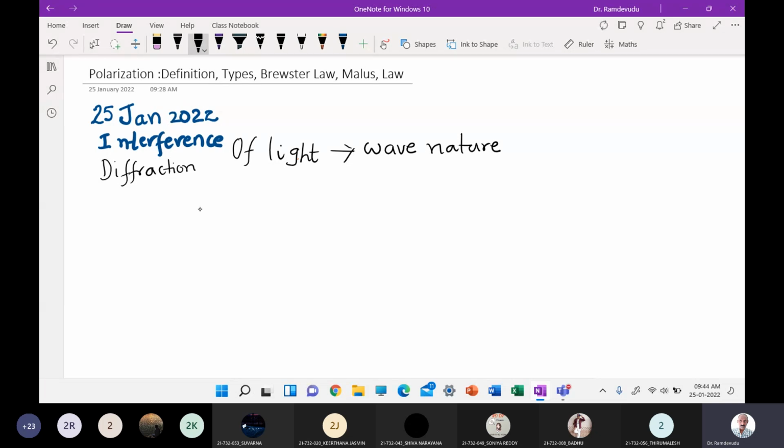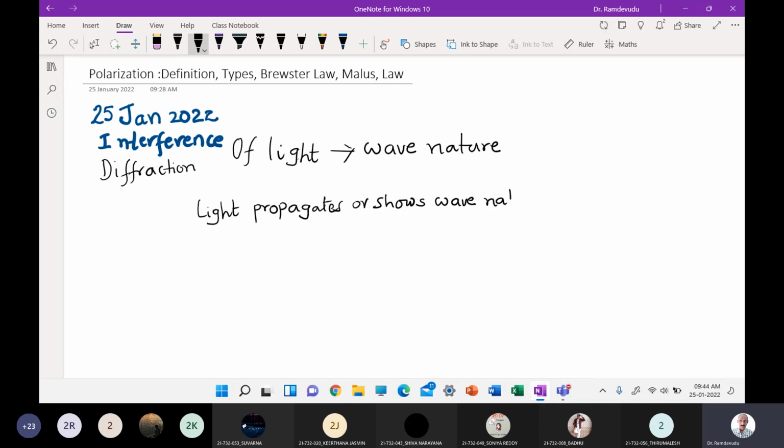So thereby we are seeing that light propagates, or shows, wave nature.